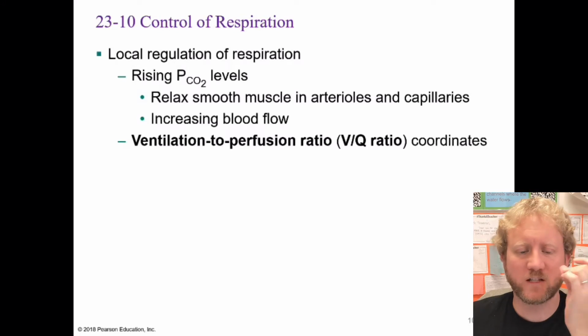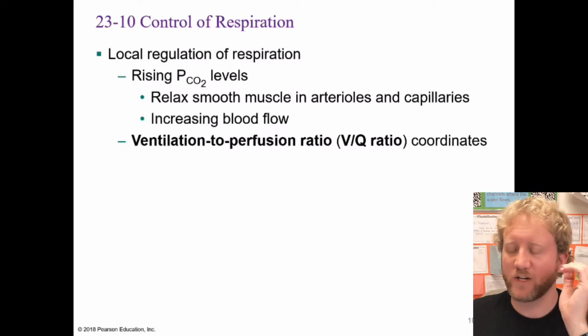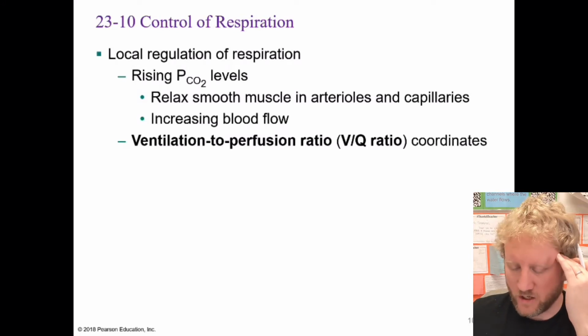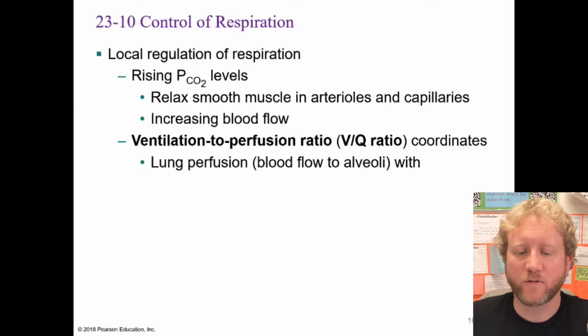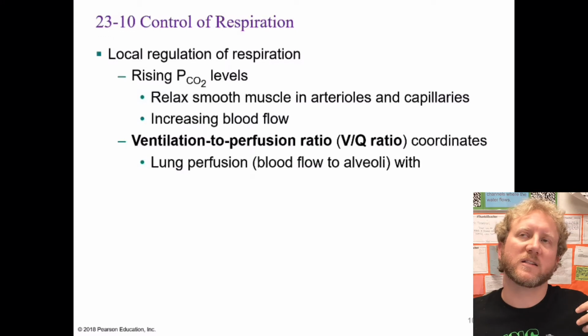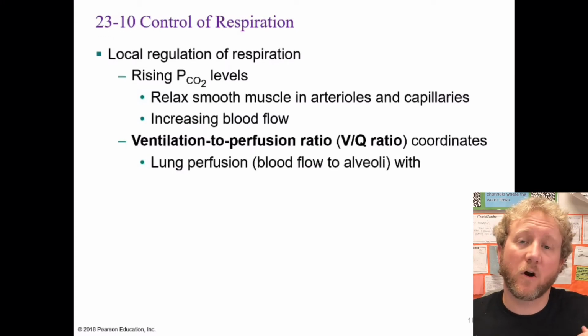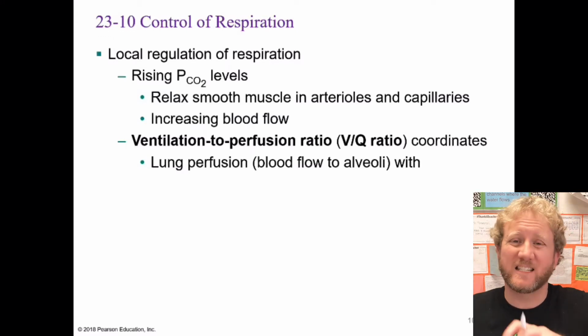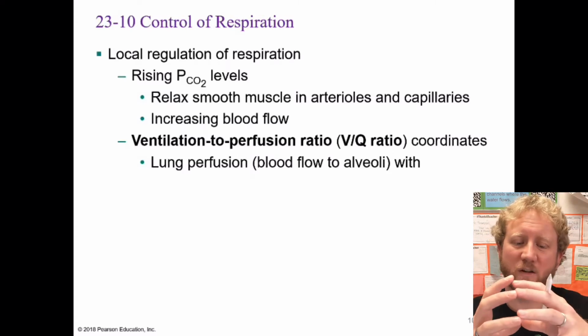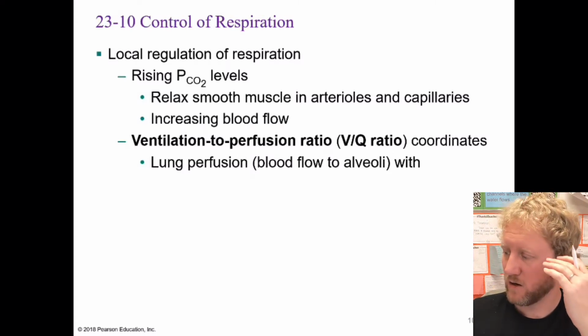We have something called the ventilation to perfusion ratio, which is going to coordinate lung perfusion. And lung perfusion is blood flow to the alveoli. As the blood is coming from the pulmonary arteries and it spreads out into those capillaries around the alveoli, that's known as lung perfusion.